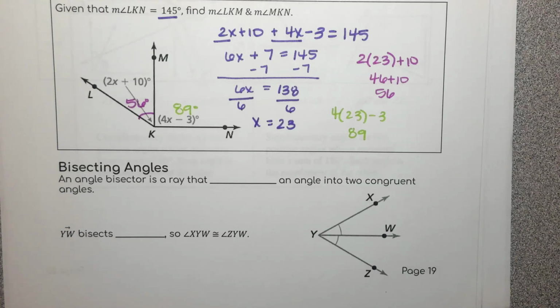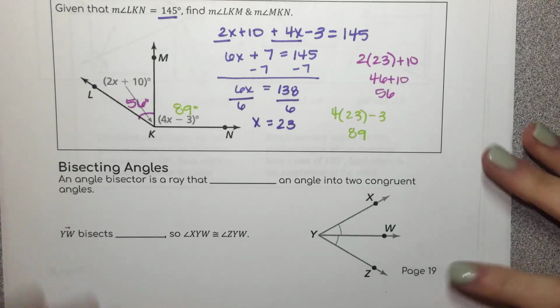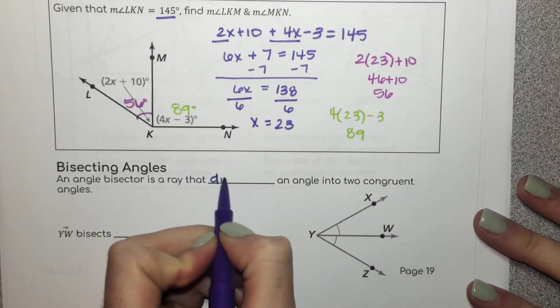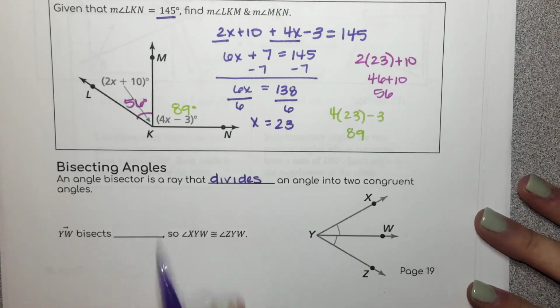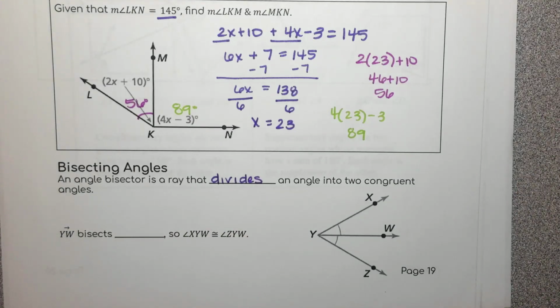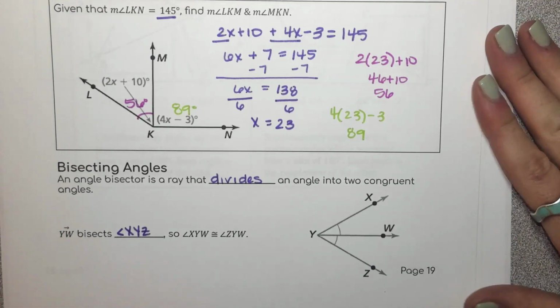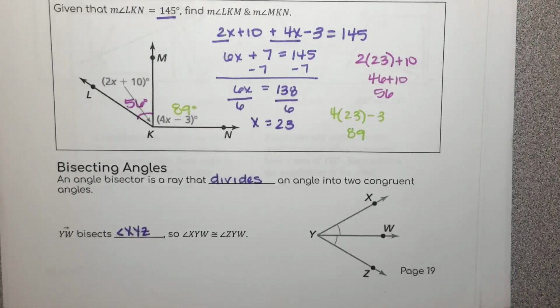So to split into two equal parts is a bisect. So an angle bisector is a ray that divides or splits an angle into two congruent angles. All right, so what angle is the ray WY bisecting here? XYZ. So angle XYZ.